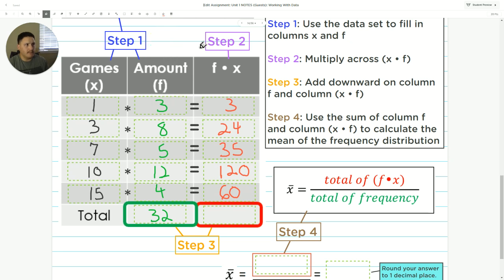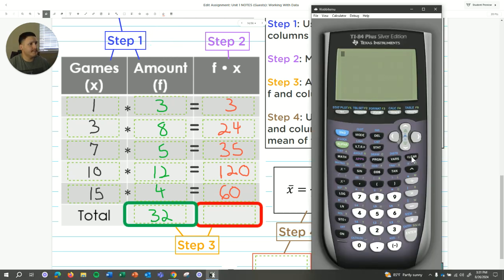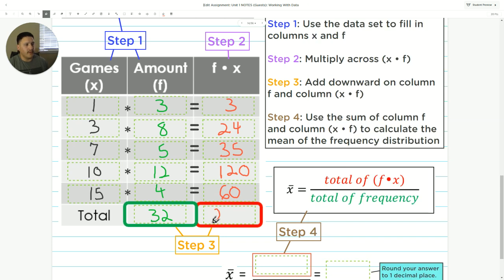For the red column, 3 plus 24 plus 35 plus 120 plus 60 is 242.